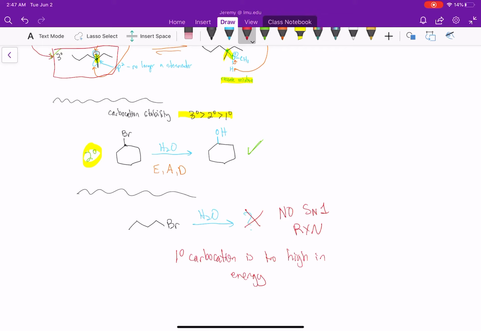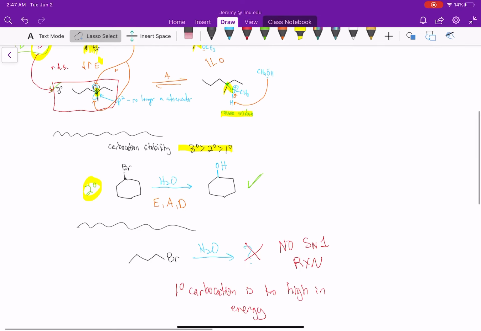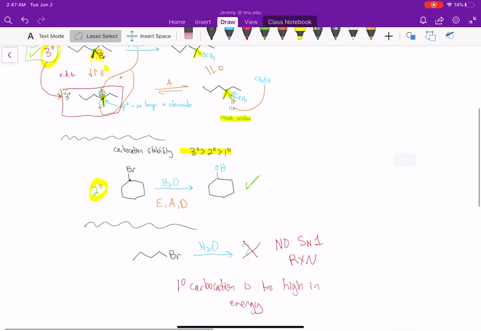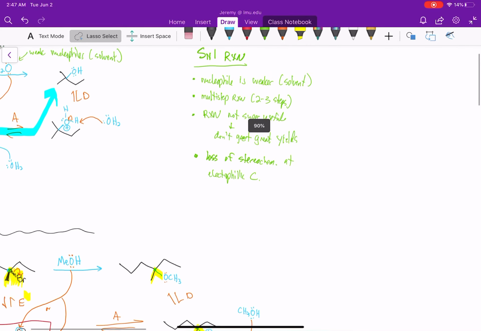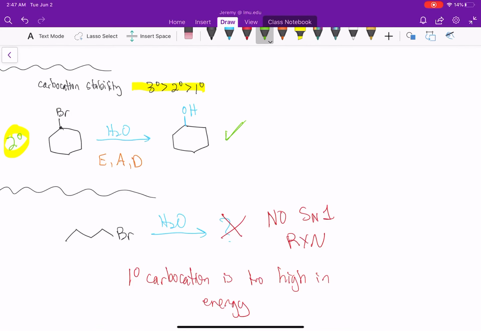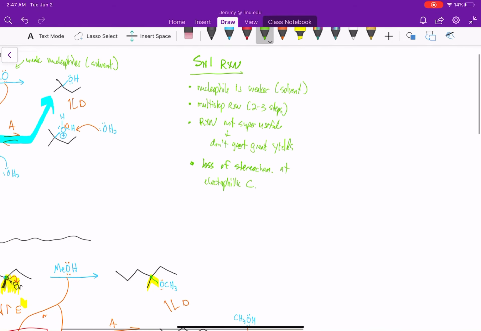All right, so for the SN1 reaction, it's the opposite of the SN2. The SN2 primary works faster than secondary, tertiary doesn't work. In the SN1, tertiary works, secondary works, but primary doesn't. And that's because of the difference in the mechanism. Because the mechanism goes through a carbocation intermediate, primary carbocations are too high in energy.